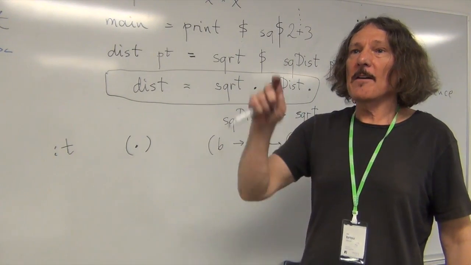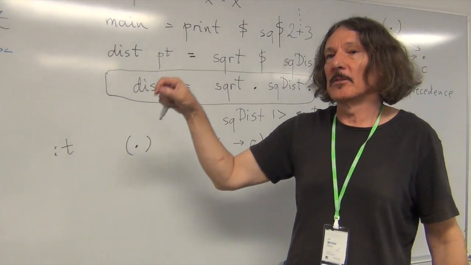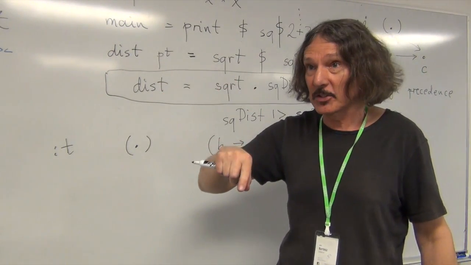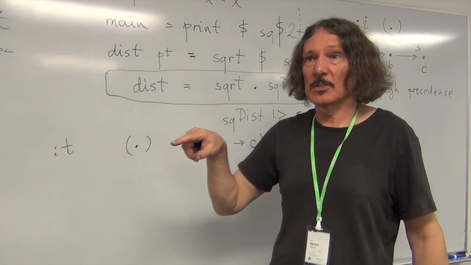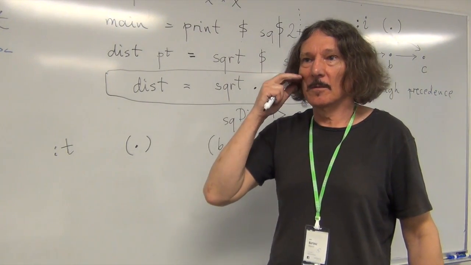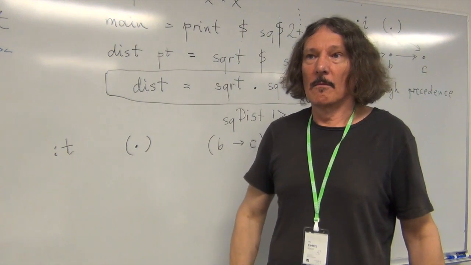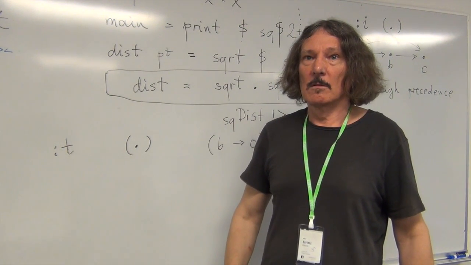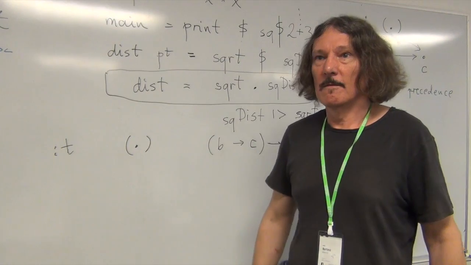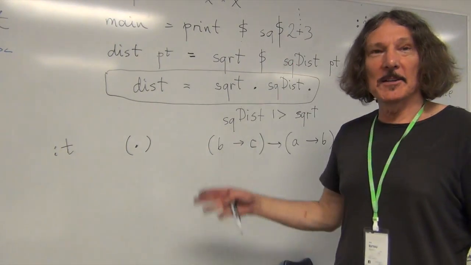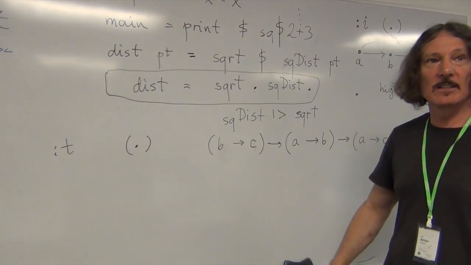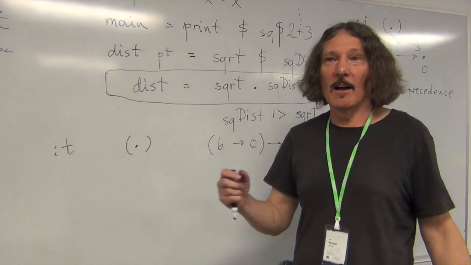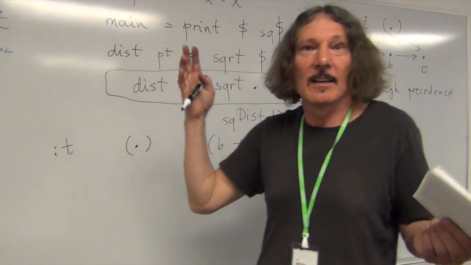So if you have a function that takes a bunch of arguments and returns a function, then you can put it there for composition, because it returns a function. This is the beauty of functional programming, that you're operating on functions without arguments. This is the point-free thing, right?